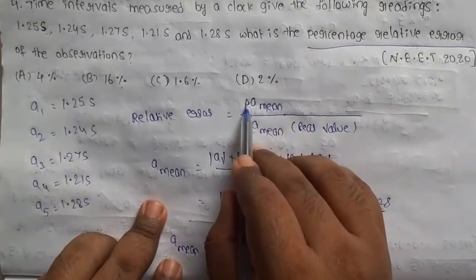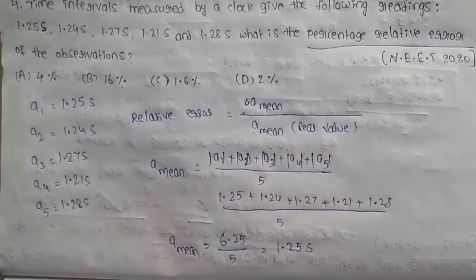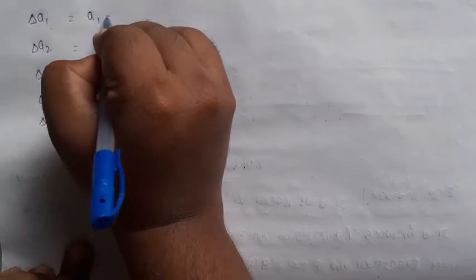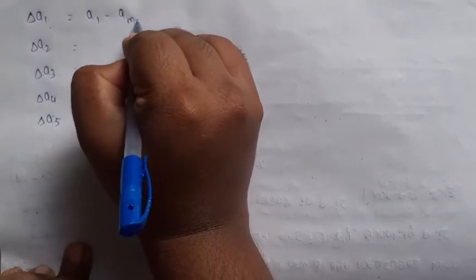Next I am going to find the delta A mean value. First I am going to find the errors: delta A1, delta A2, delta A3, delta A4, delta A5 equal to A1 minus A mean.